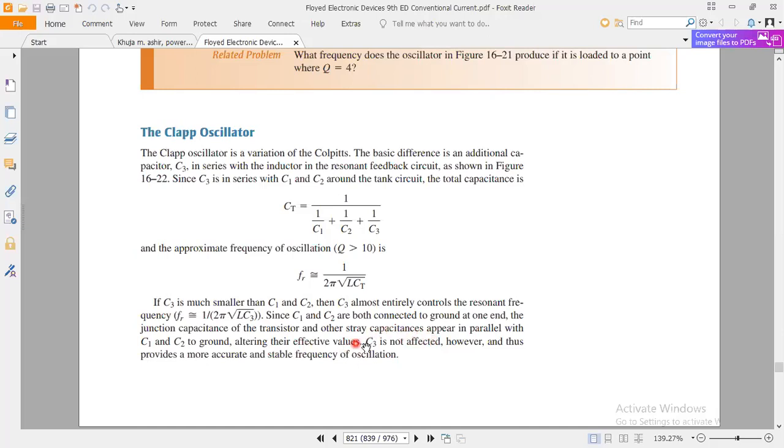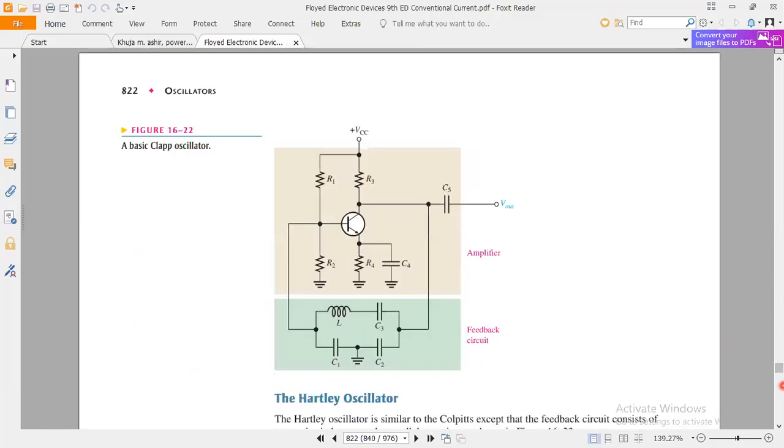In the Miller effect, we already discussed the concept in detail. The stray capacitances appear in parallel with C1 and C2 to ground, altering their effective values. C3 is not affected, however, and thus provides a more accurate and stable frequency of oscillation.